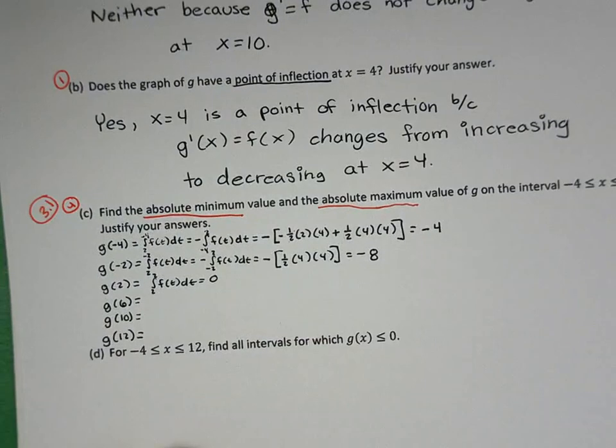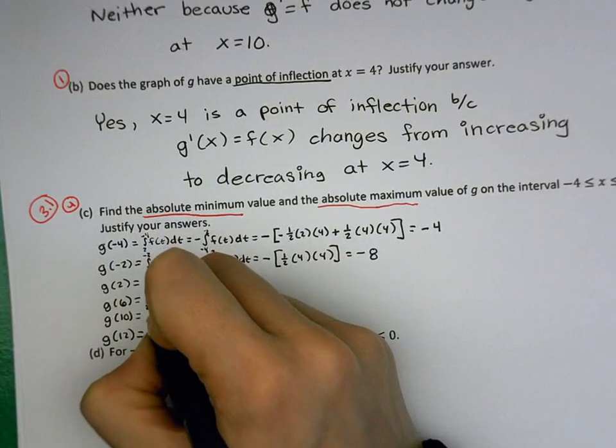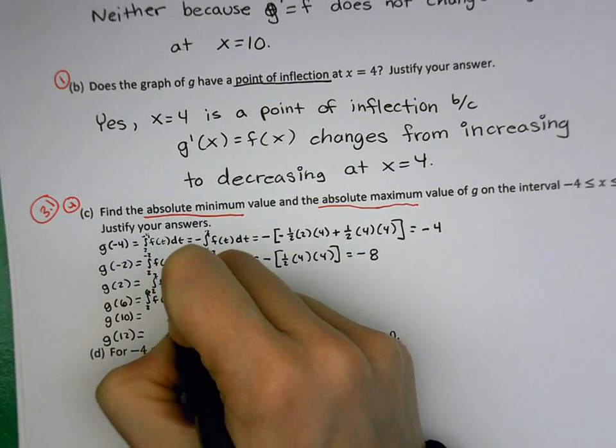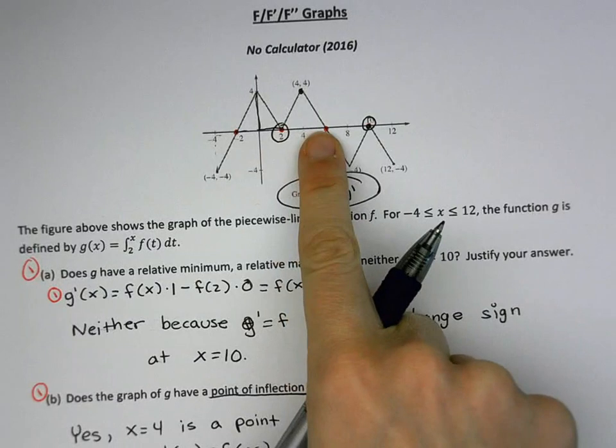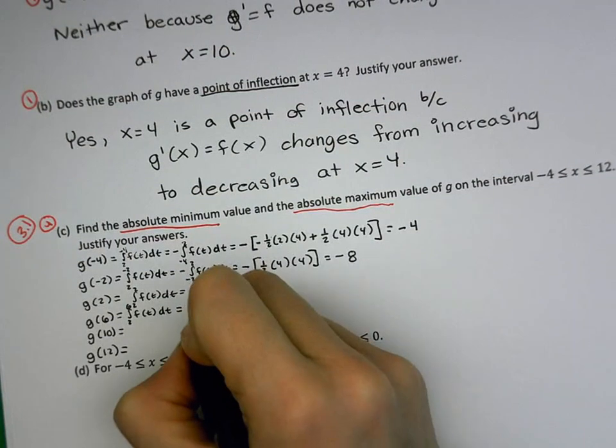G of 6, integral from 2 to 6 of f of t dt. Well, 2 to 6 is this triangle above the x-axis, 1/2 base of 4, height of 4. So 1/2, 4 times 4, which is 8.